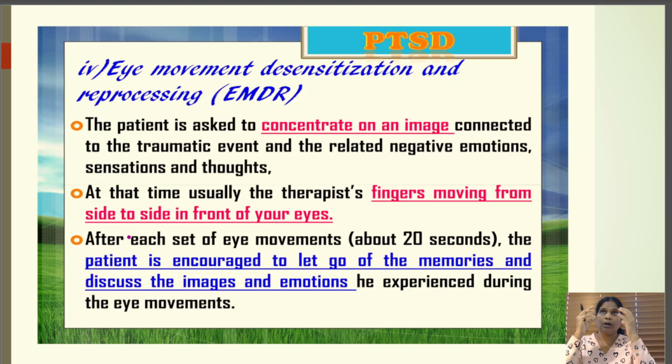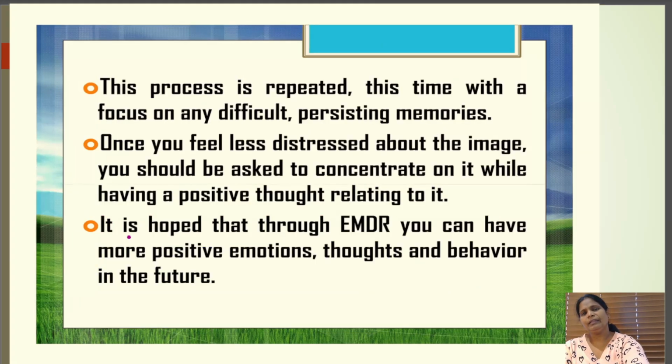So the thoughts or images are disrupted in front of their eyes, and this is done for 20 seconds, and the patient is encouraged to let go of the memories and discuss the emotions he experienced during the eye movements, because the continuity in the flow of thoughts is a bit hindered. This process is repeated persistently again and again, and slowly the person will be encouraged toward positive thinking, positive emotions, and positive behaviors in future.